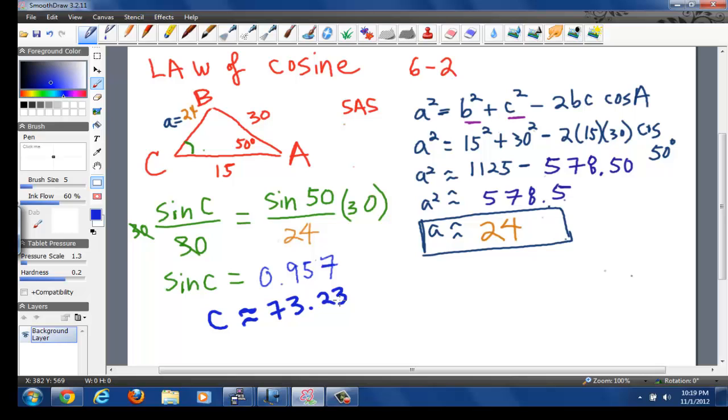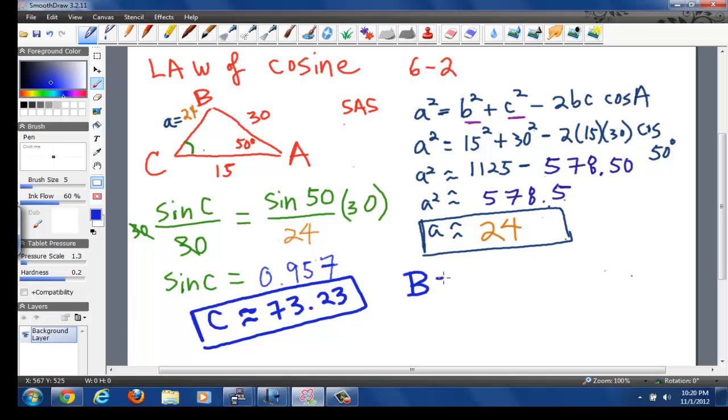That means that angle measurement right there is 73.23, and we know that the other one was 50, so we can find the measure of B.